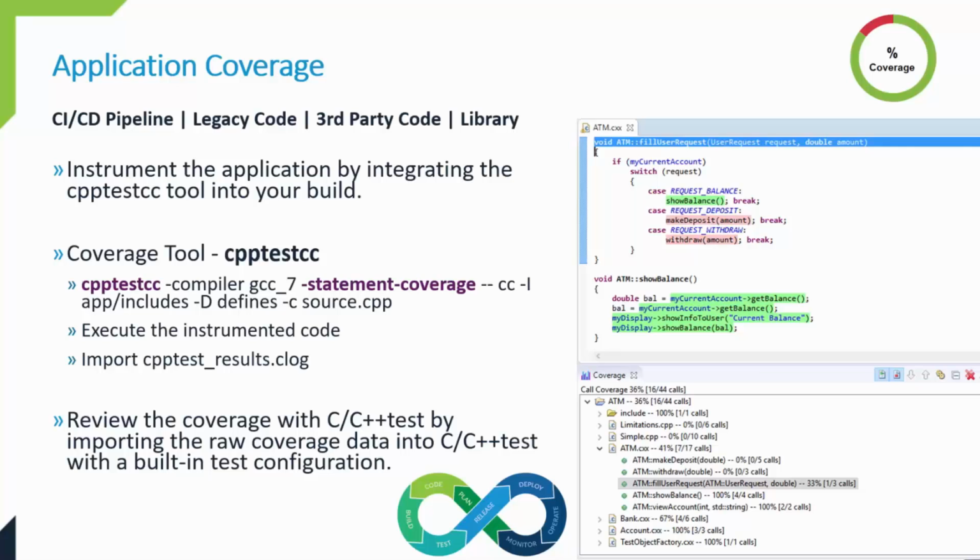Anyway, collecting coverage involves three phases: instrumenting the application by integrating the C++test CC tool into the build, executing the instrumented code through testing, which produces the raw coverage data, and then to review the coverage, you can input the raw coverage data, which will be in the form of a file called cpptest.results.clog, and then you can bring that into a C++test project of the application code.